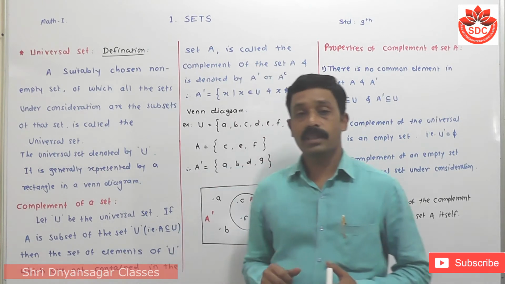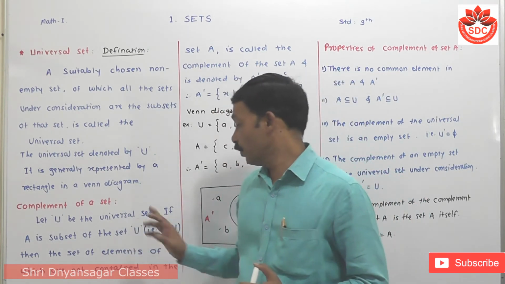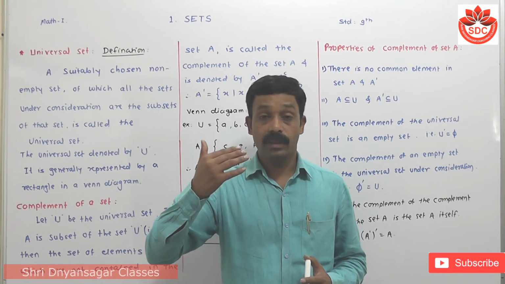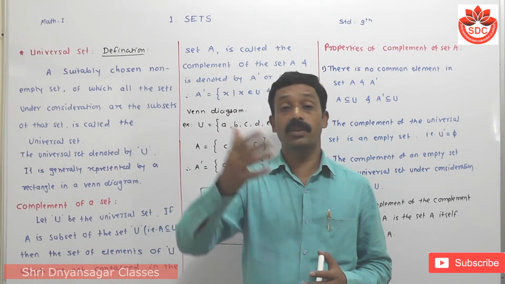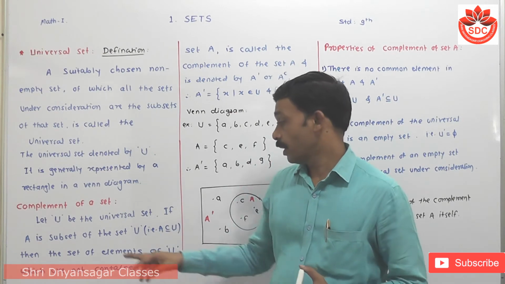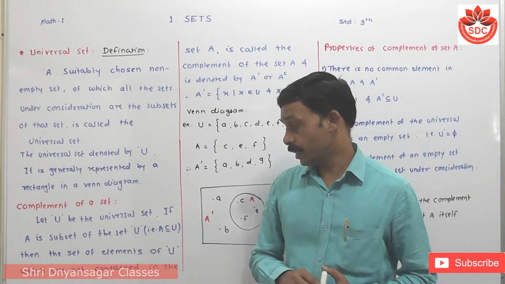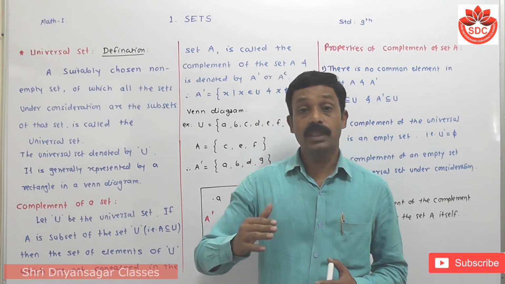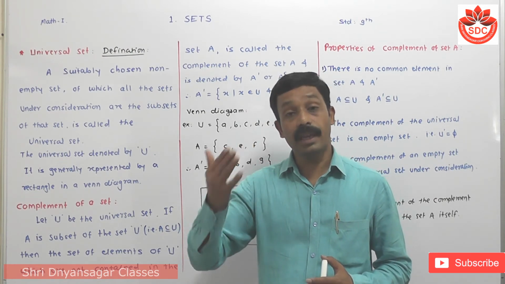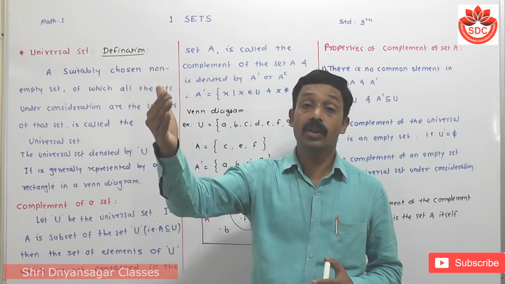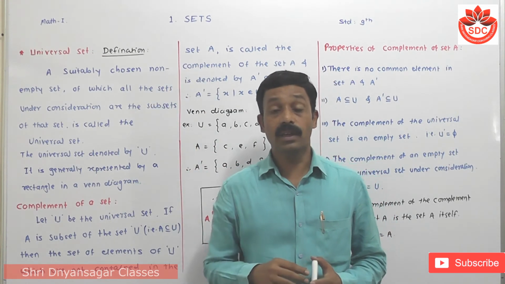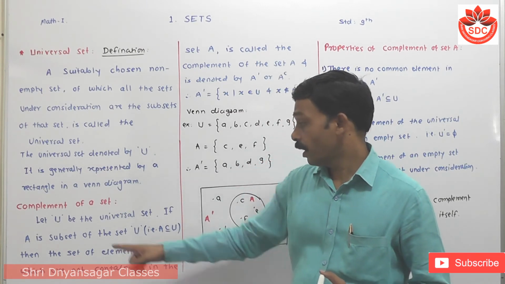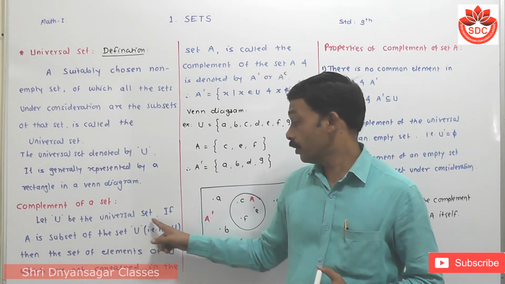Now in this case, we take U as the universal set. And suppose A is the set which is a subset of that universal set. Then the set of elements which are not present in A but present in U is called the complement of the set A. Let U be the universal set.